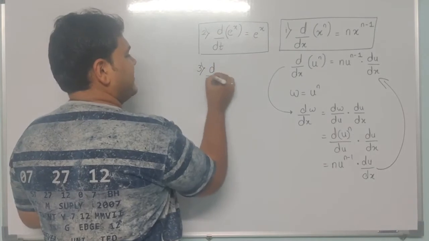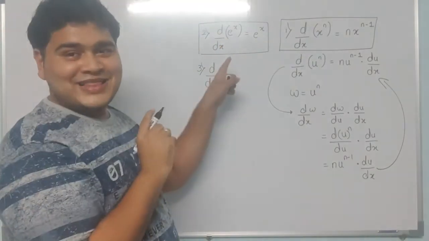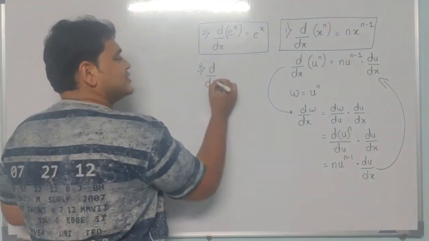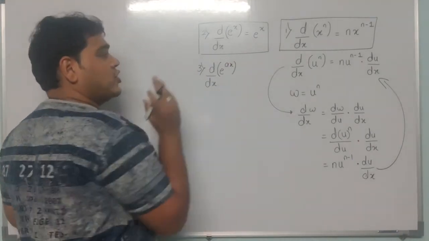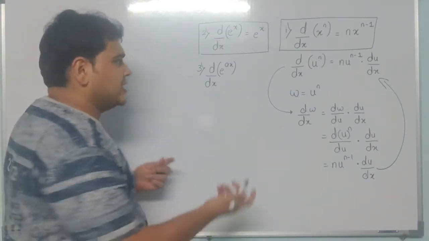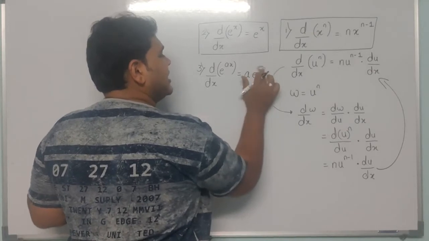Third formula, if I have d of, sorry, this is dx, my bad. Otherwise that will come as dx by dt. Yes, so d by dx of e raised to say ax. Now you have a constant available over here. Remember the constant just comes out. Same thing is going to happen over here. It is going to be a e raised to ax.